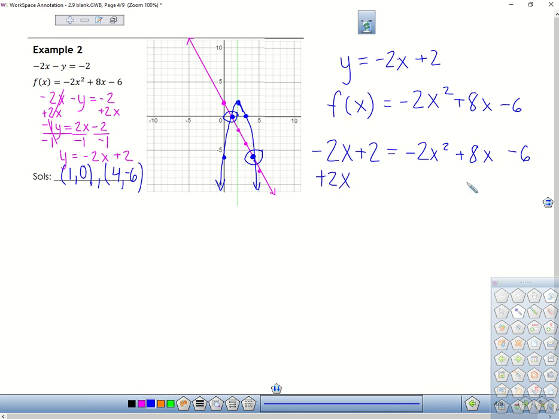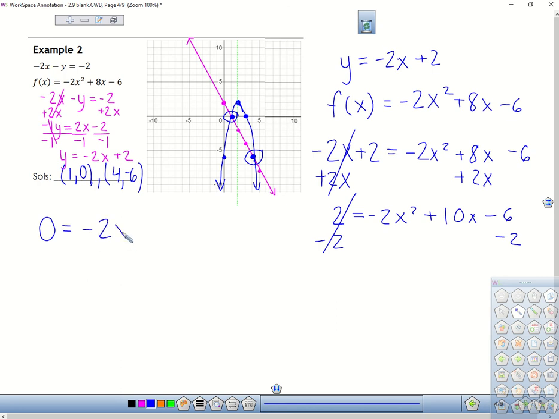I'm going to add 2x on both sides. That leaves me with 2 equals negative 2x squared plus 10x minus 6. And then I'm going to subtract 2 over here, which leaves me with 0 equals negative 2x squared plus 10x minus 8.